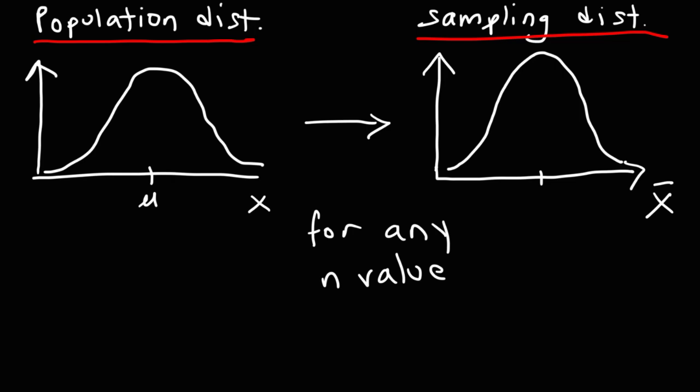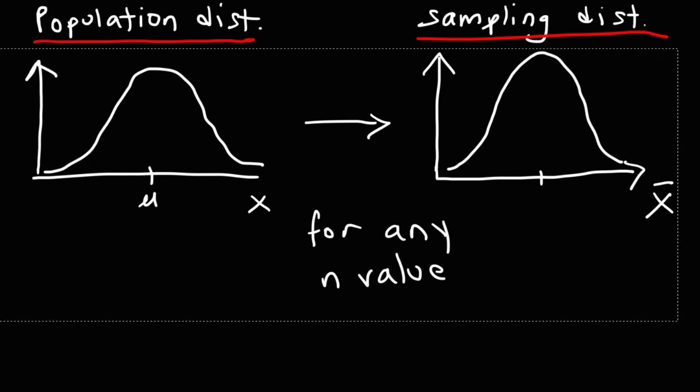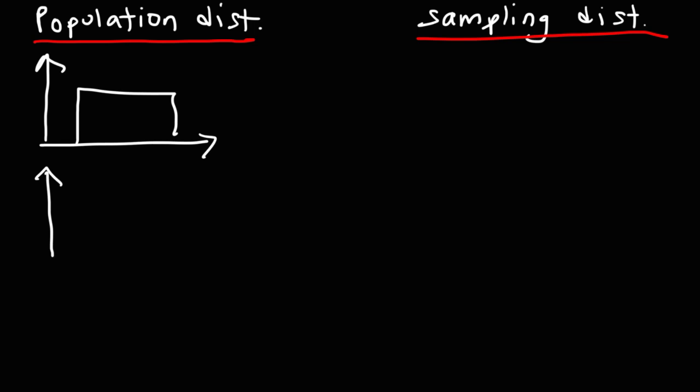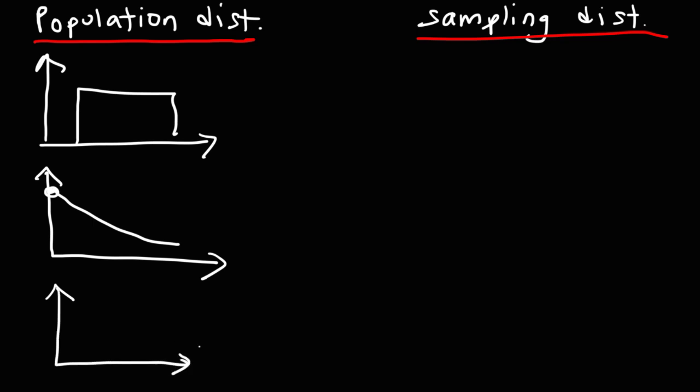But now, what if the population distribution had a different shape? Let's say if it had the shape of a uniform distribution, or an exponential distribution, or just some unusual distribution.